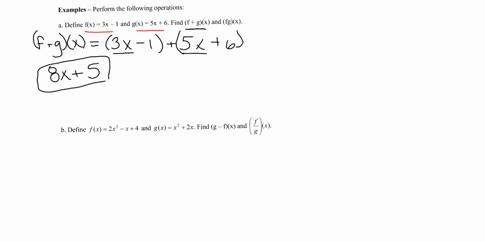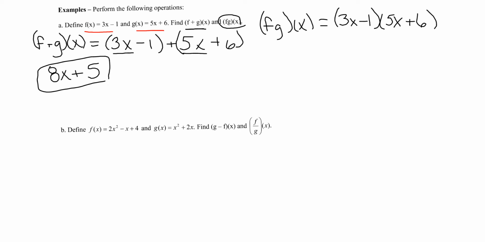Now next, they ask for f times g of x. So f times g of x means that we are going to do 3x minus 1 times 5x plus 6.